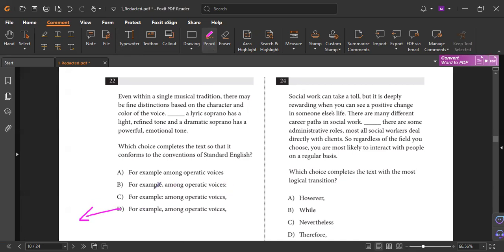Is the part before the colon complete? Is this part a complete sentence? No. Here, the colon, is this part a complete sentence? Because this is the beginning of the sentence. So wrong. Now we have a comma here.